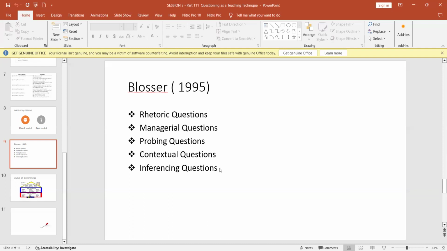So Blosser identifies 5 types of questions that the teachers can use in the classroom. Open-ended and close-ended is one classification. Blosser's is another classification. There are 5 types: rhetoric, managerial, probing, contextual, and inferencing.